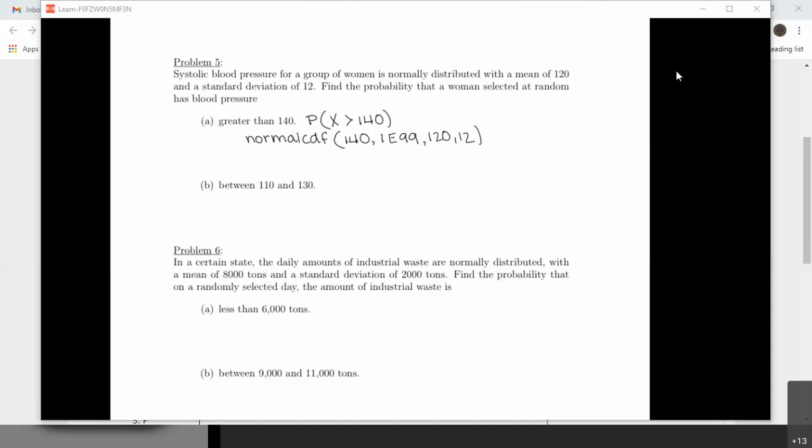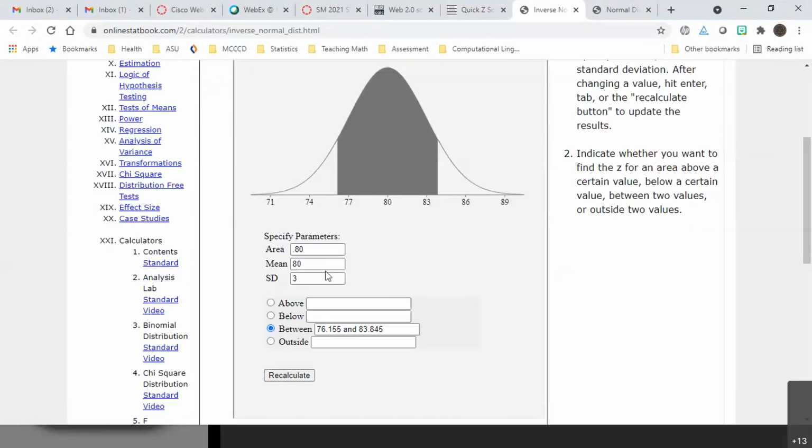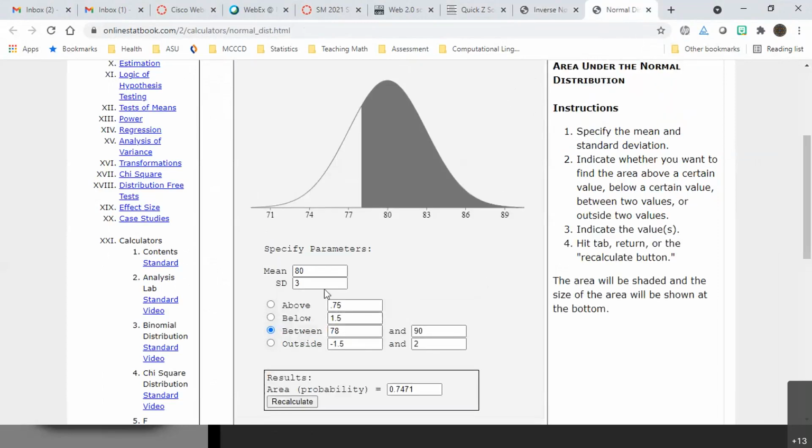All right. If I were doing this on my online calculator, again, not the inverse normal, but the normal distribution calculator, I can just get to that. There we go. So I change my mean to 120 and my standard deviation to 12.